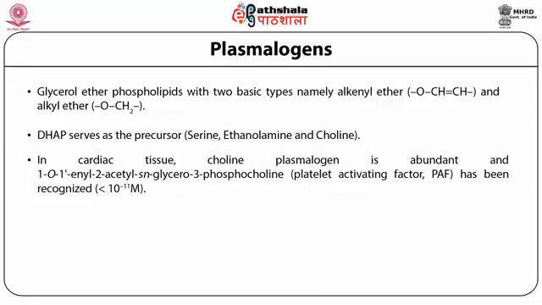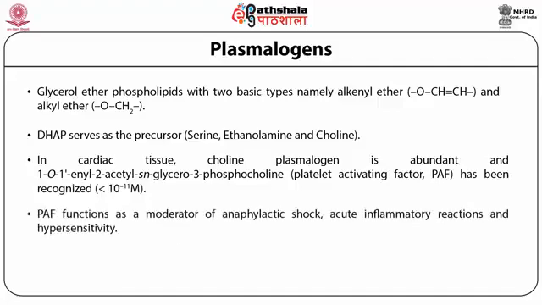In cardiac tissues, choline plasmalogen is abundant, and the platelet activating factor has been recognized as an enormously powerful biological mediator, capable of stirring up cellular processes at low concentration. The platelet activating factor functions as a mediator of anaphylactic shock, acute inflammatory reactions, and hypersensitivity.